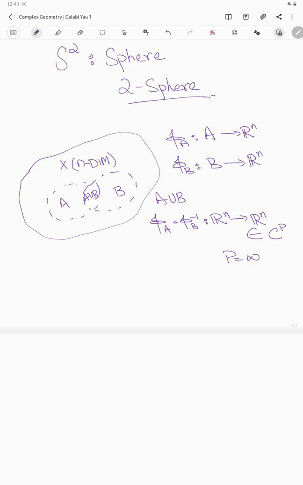So all I'm saying is that if we have this R1, it is a manifold. But if I have this thing, this is not a manifold, right?